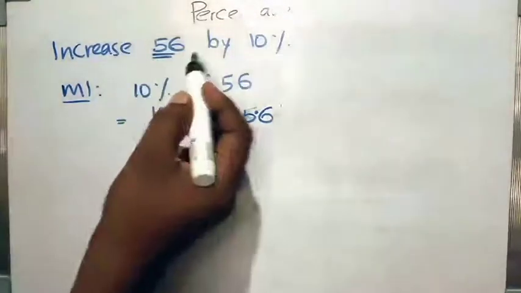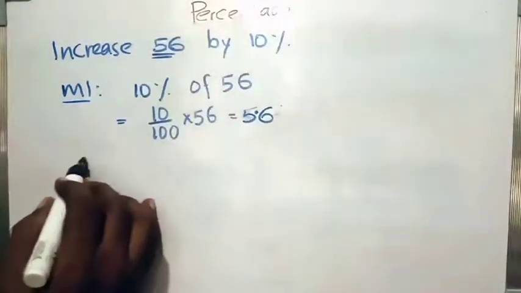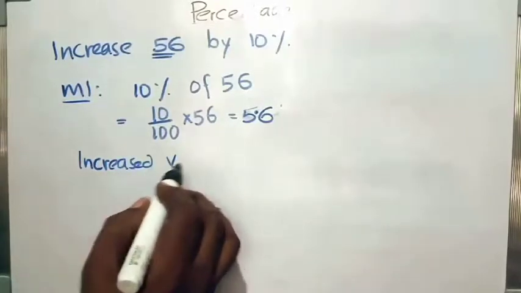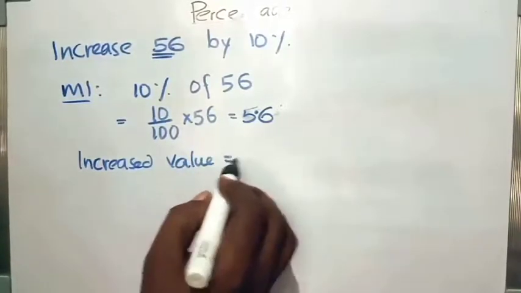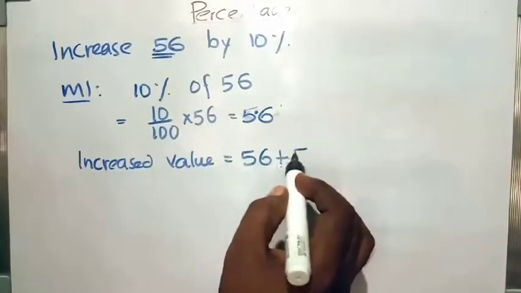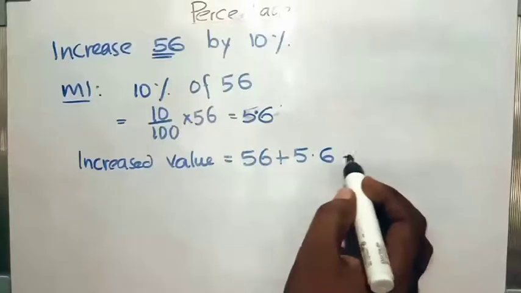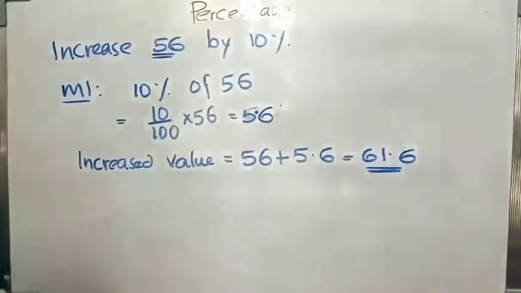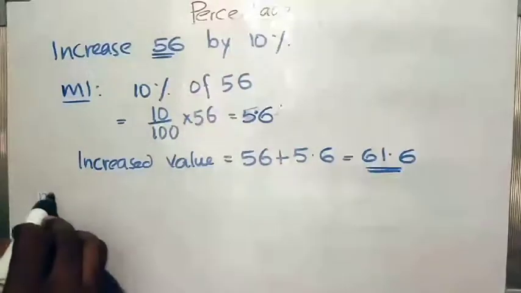Now increase 56 by 10%. So 56 is increased by 5.6, and we get the answer as 61.6.